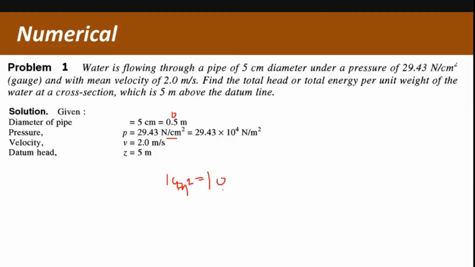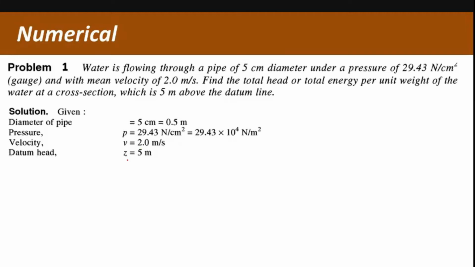Here you put 10 power minus 4 meter square in the denominator, and it will go in the numerator, so it becomes 10 power plus 4. So 1 Newton per centimeter square is 10 power plus 4 Newton per meter square. Remember this. So pressure is 29.43 into 10 power 4 Newton per meter square.